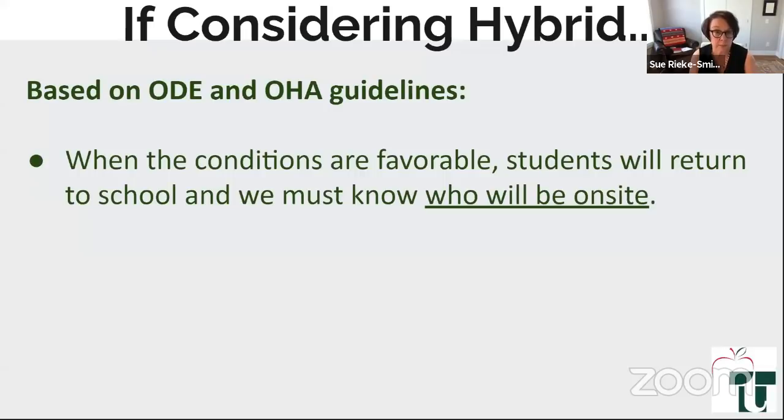And we'll talk a little bit about that later in a couple of upcoming slides. But we need to know who is asking for that type of instruction so that we can plan the cohorts, the groupings, appropriately.